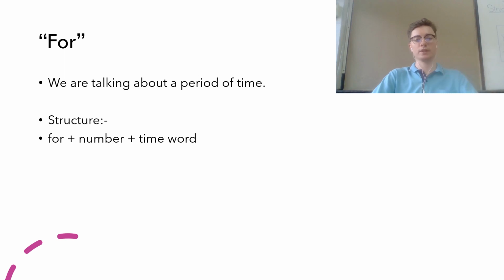So I will give you an example now. And it's the same example as in the last class. I have lived in Thailand for 2 years. Okay? So if you listen to what I said, it's for, a number, which is 2, and a time word, which is years.